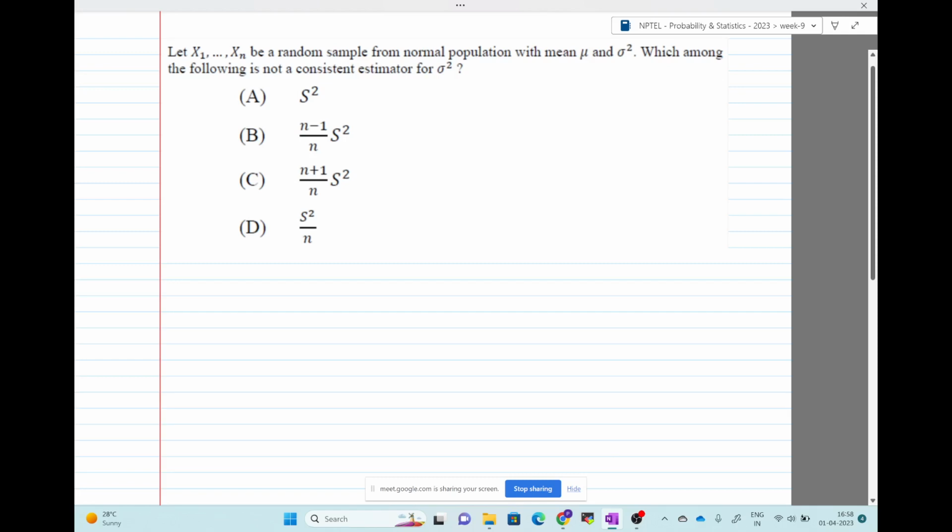If you have some set of estimators T1, ..., Tn, an estimator in terms of n random samples.